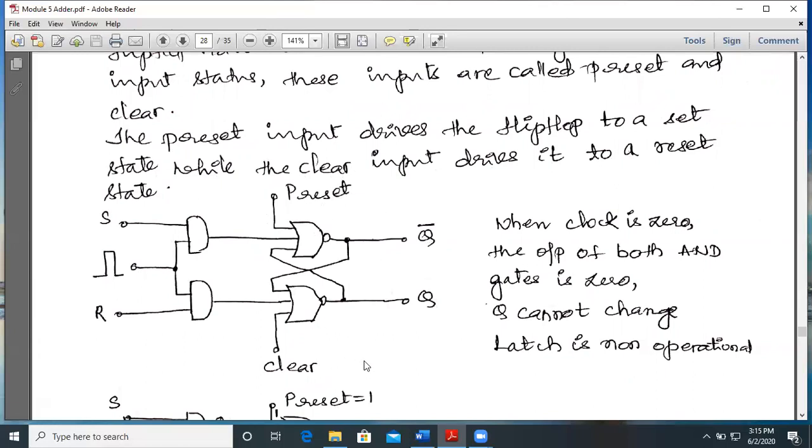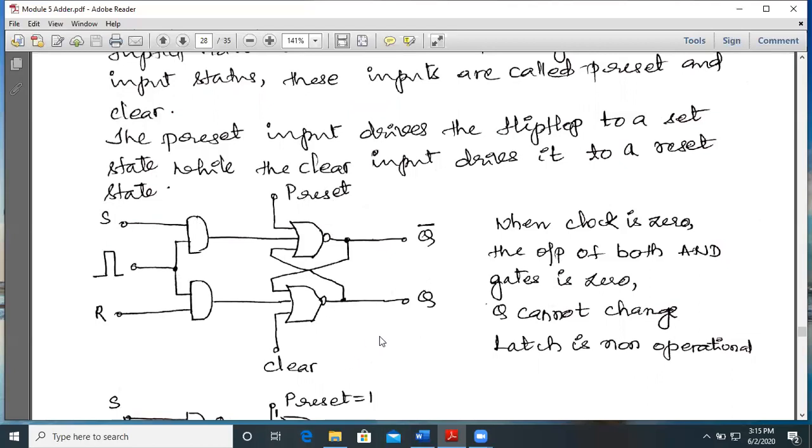There is one more input which is called clear. When we give clear equal to 1, we get Q as 0. These inputs have control over the output, so even if you don't give the clock signal, you can control the outputs. These are called preset and clear.